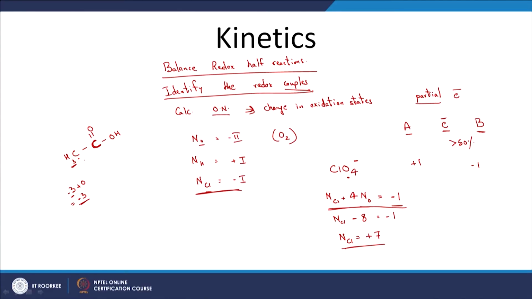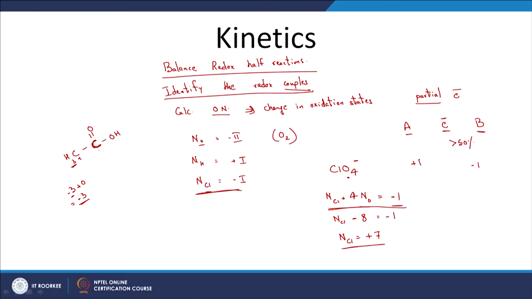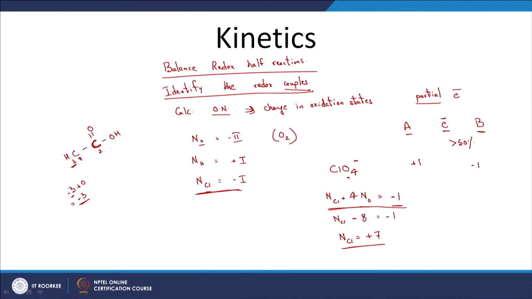So we assign -3 for the 3 hydrogen atoms, and 0 for the electron shared with the other carbon, since both carbons have the same electronegativity and share the electron equally. So that is -3 with respect to carbon 1. With respect to carbon 2, carbon and carbon share, so that is 0 there.